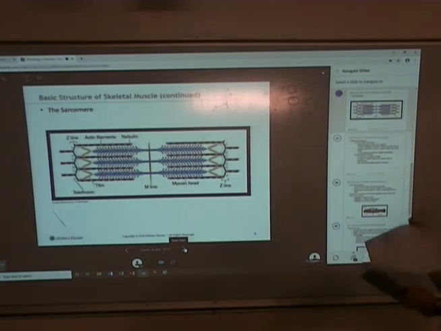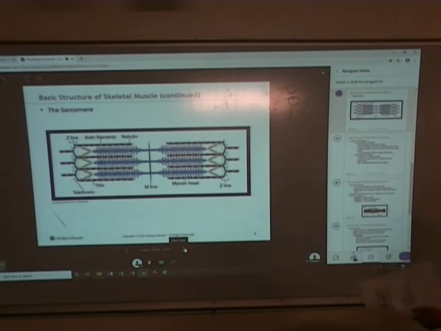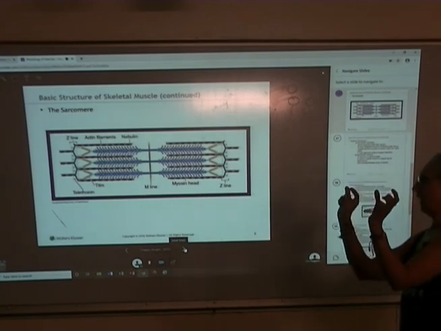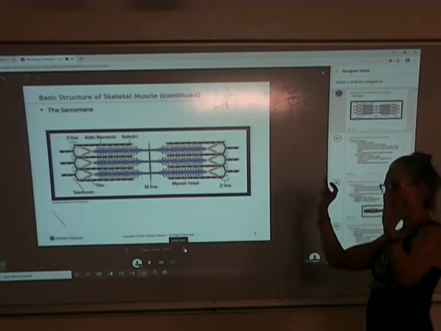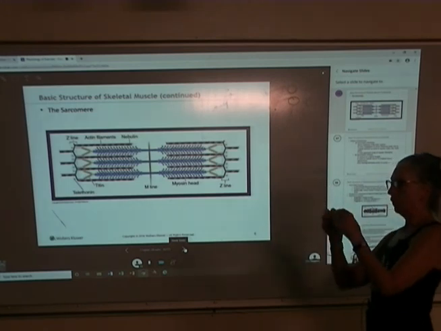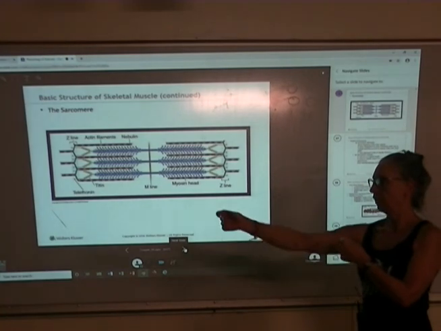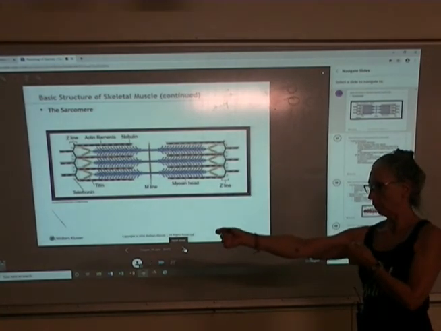Okay. So our sarcomere. So the sarcomere is the unit that end on end makes the length of the muscle fiber. So when you look at a muscle fiber, it's like little dominoes laid end on end to each other, okay?